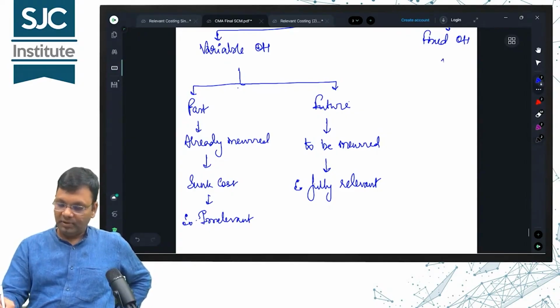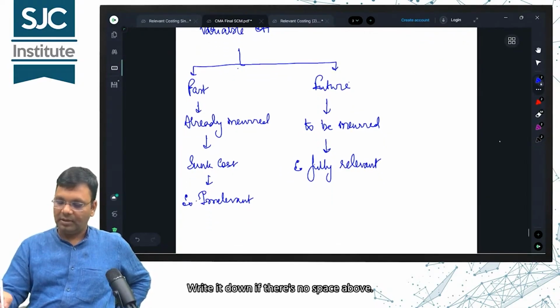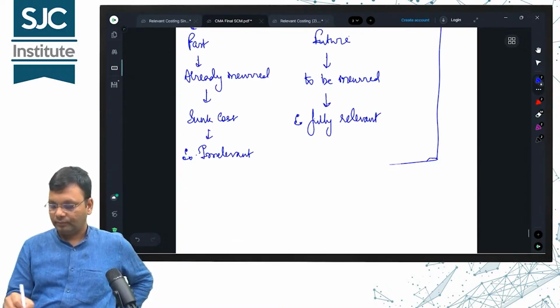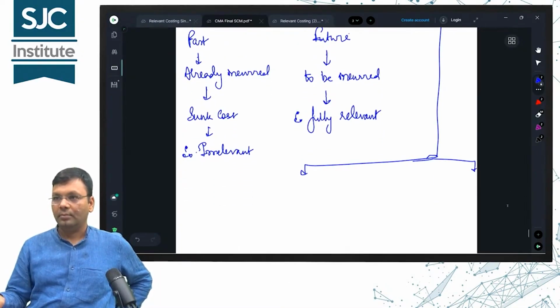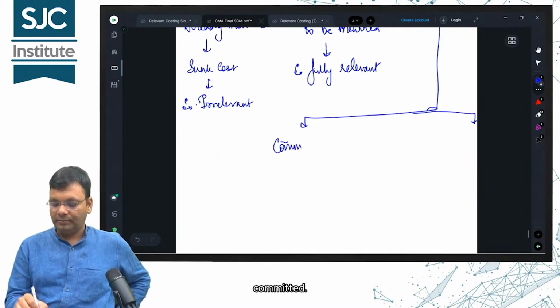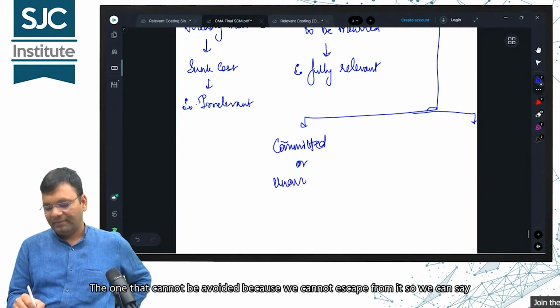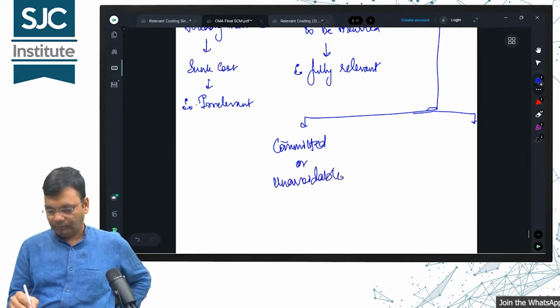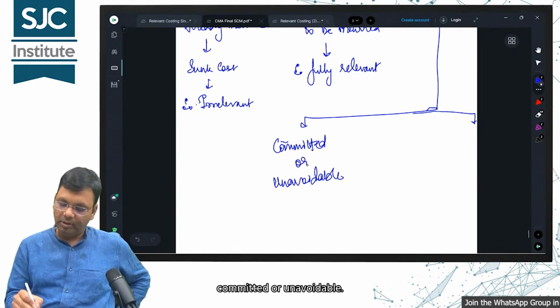Fixed overhead has two parts. One is committed, the one that cannot be avoided because we cannot escape from it, so we can say committed or unavoidable.